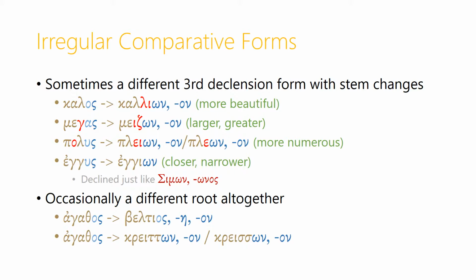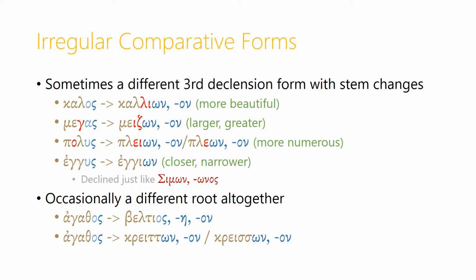But they're both declined regularly like third declension nouns, and the masculine and feminine are declined like simon. And so kalion in the genitive becomes kalionos, kalioni in the dative, kaliona in the accusative, etc.